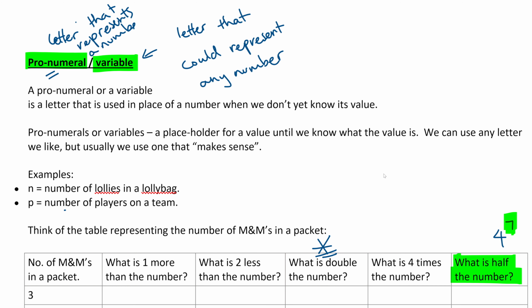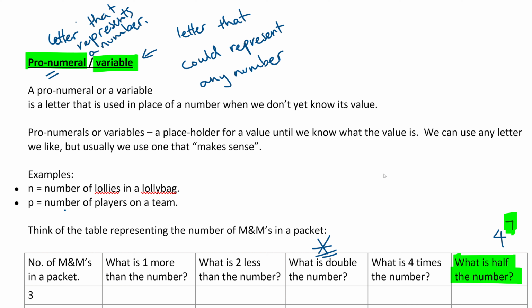Now, I apologize for taking a bit of time from you guys today, but I want to go through this a bit and make sure that you understood what we're doing. So a pronumeral is a letter that represents a number, and a variable is a letter that could represent any number.